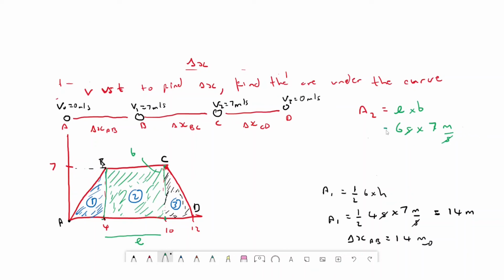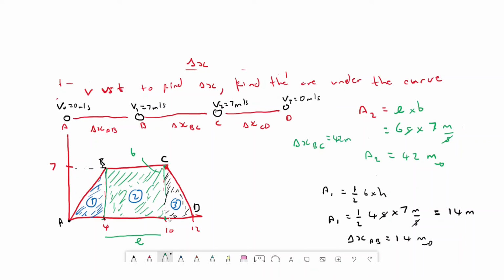So this is going to be equal to 42. Six times 6 is 36, and then you add 6 again, it's going to be 42 anyway. All right, so now this area 2 is the same as the displacement from B to C. So the displacement from B to C is 42 meters.